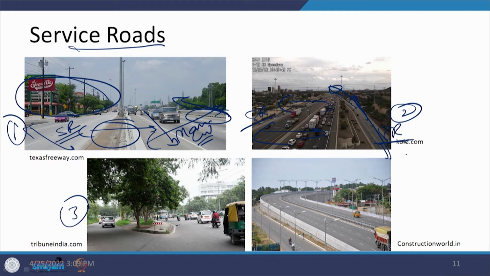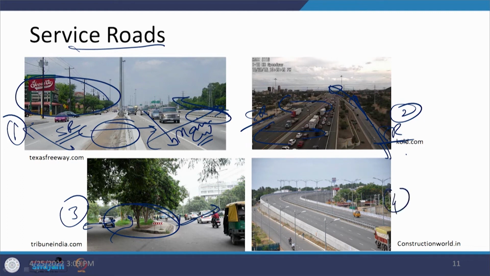Here we have the main carriageway and the service road, and what you can find is that this is separated by way of a median which is developed with trees and plantations. At the same time, there is another path provided between them, which can be utilized by cyclists. So, again the separation and the multiple uses are there in this particular type of design.